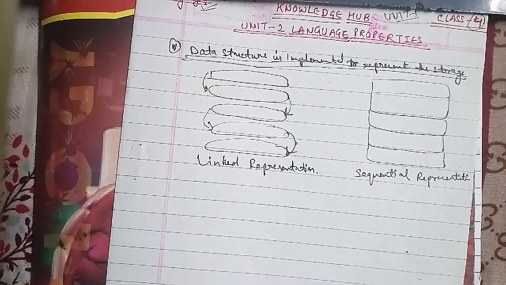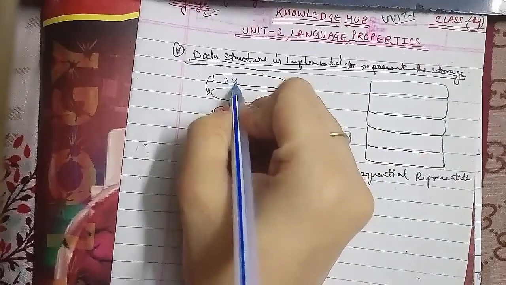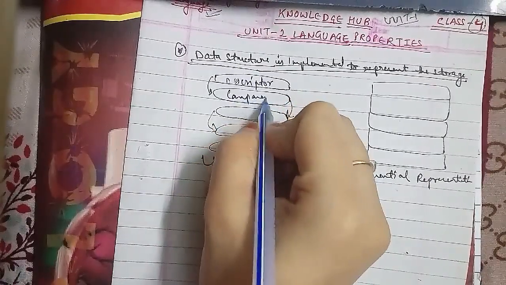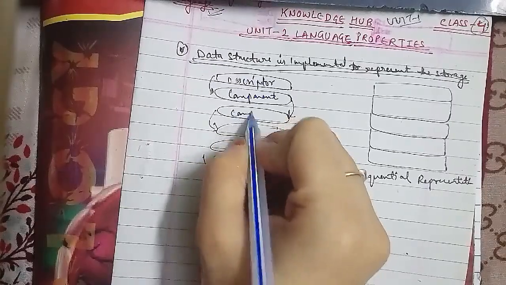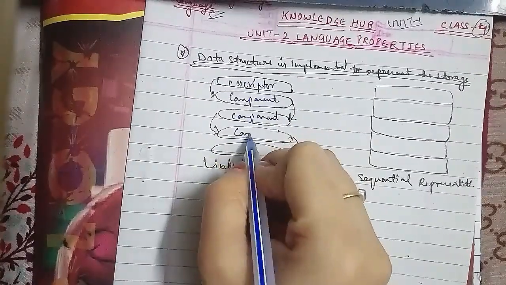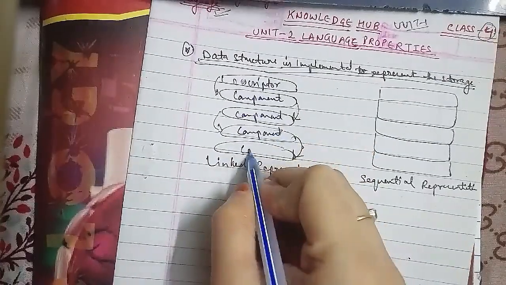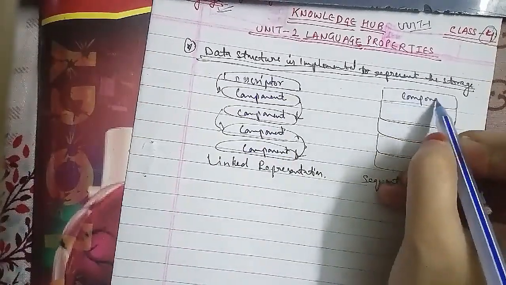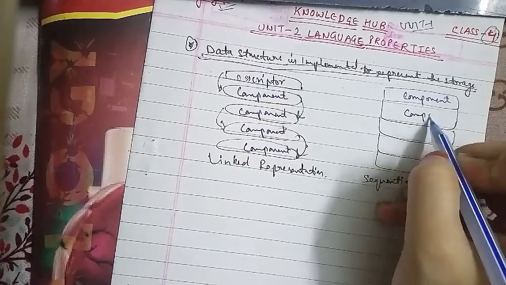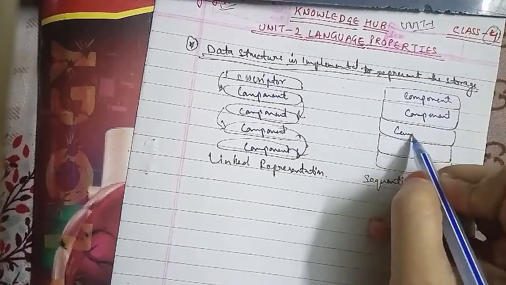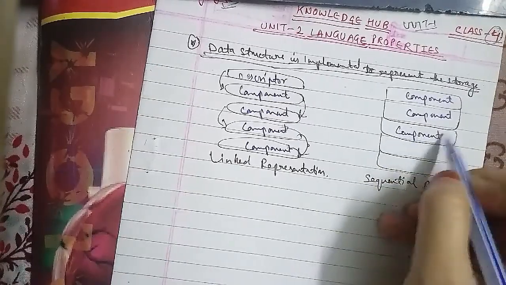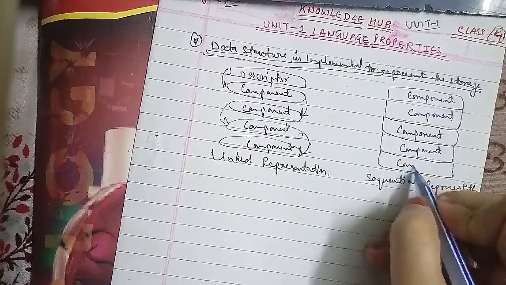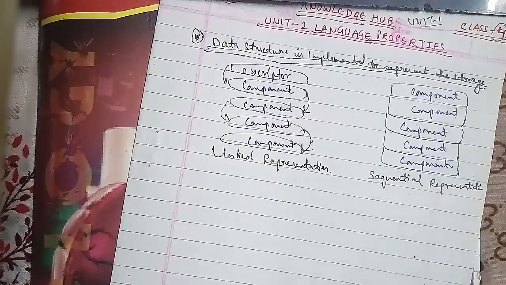Here, first of all, we have a descriptor, then components one after another. So this is sequential representation.